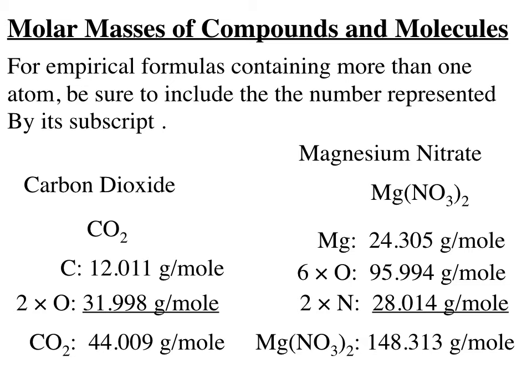So when I formulate the molar mass of magnesium nitrate, I take the mass of 1 mole of magnesium, which I get from the table, find the mass of oxygen in the table and multiply it by 6, find the mass of nitrogen in the table and multiply it by 2, and add all those numbers together. To scoop up an Avogadro's number of magnesium nitrate units, I would have to scoop out 148.313 grams to get a mole of that material.